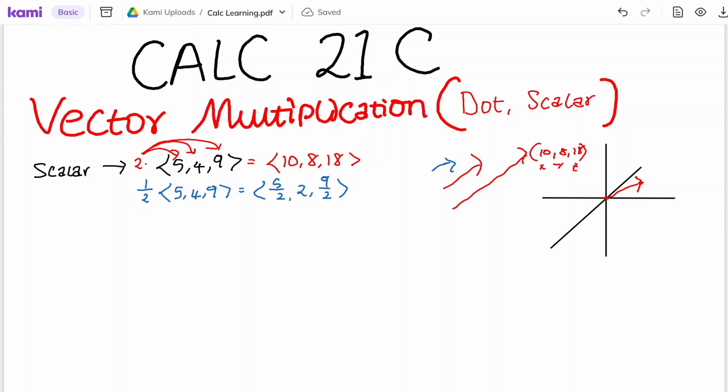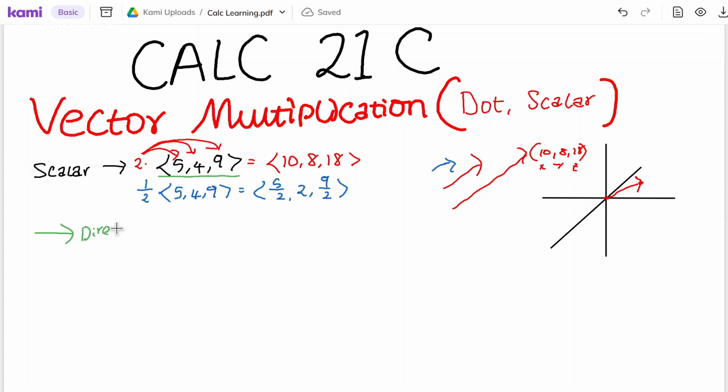Another important trait to associate with scalar multiplication is that, look at all these 3 vectors. This is the original one, this is double the original, this is half the original. They all have the same direction. So this is a direction vector.